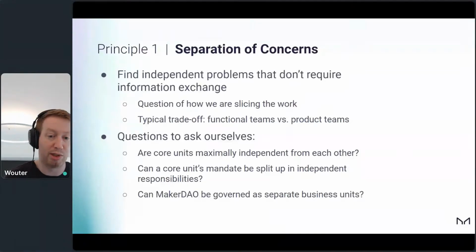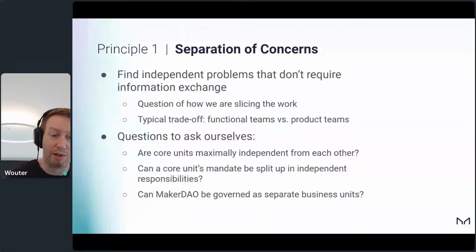We can actually scrutinize every core unit's mandate and ask ourselves, are there independent tasks that this core unit is taking care of? And this is then an opportunity to scale up the DAO at a low cost by splitting up that core unit, because they're basically a team that isn't utilizing their internal communication capacity effectively.